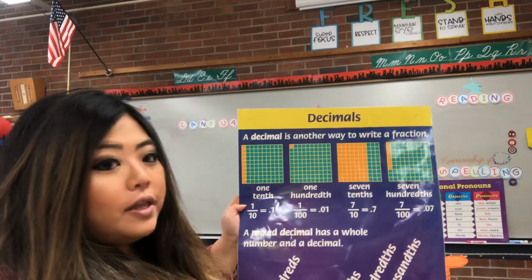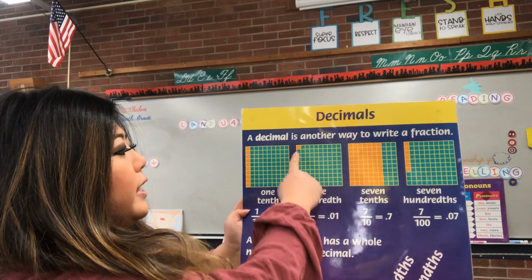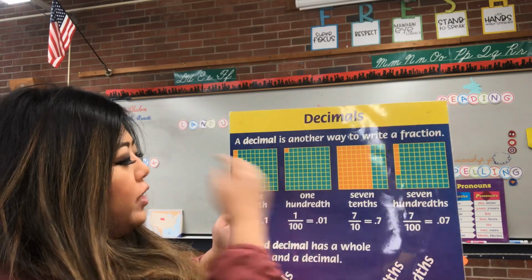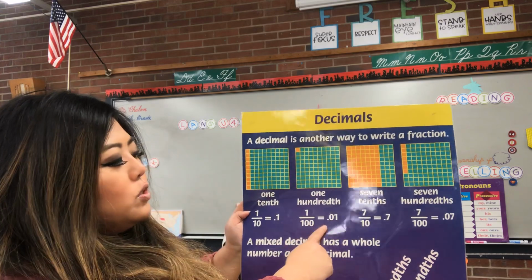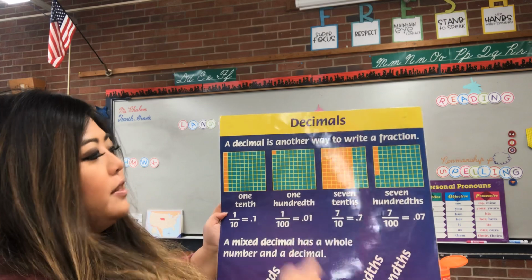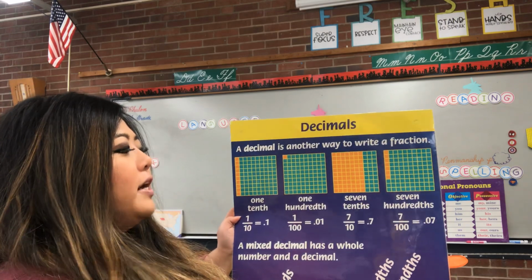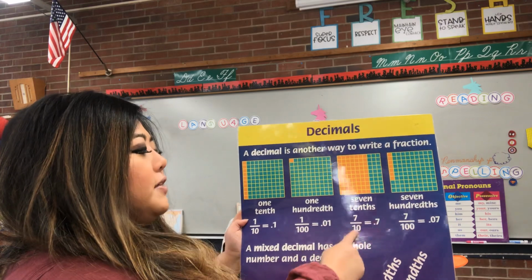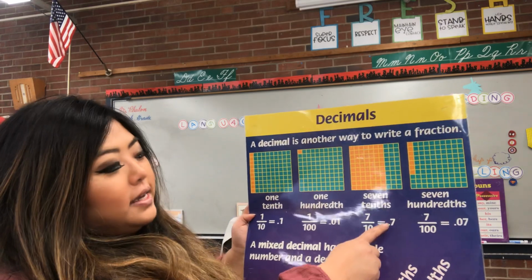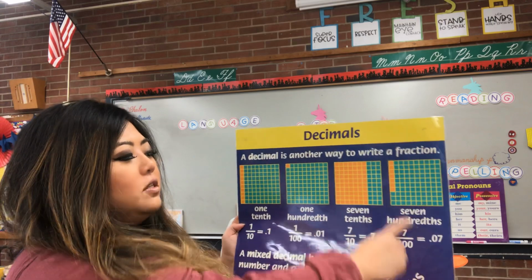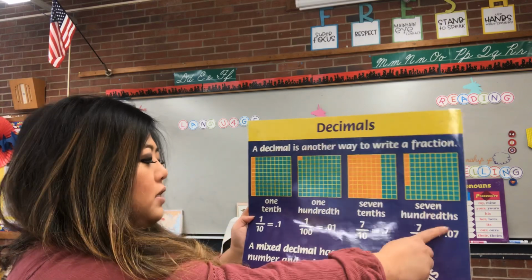Now our next one is 1 of the 100 blocks, or 1/100th. 1/100th equals 0.01, or we also could read this as 1/100th. Now this one they colored in 7, so 7/10. 7/10 equals 0.7, and then this one is 7 of the 100, so this is 7/100ths.